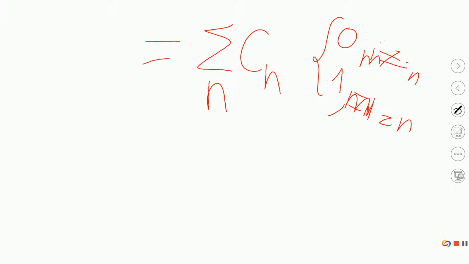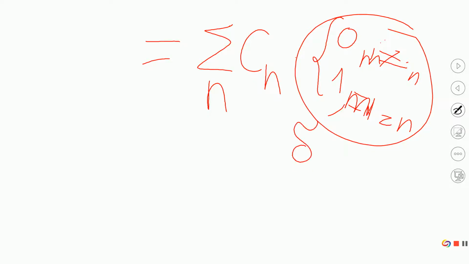So this summation, and by the way, since it is a little long and ugly notation, this notation appears very frequently in linear algebra. There was a gentleman named Kronecker who said, why should I write all these ugly brackets? I can use just delta m n, which will mean exactly the same.